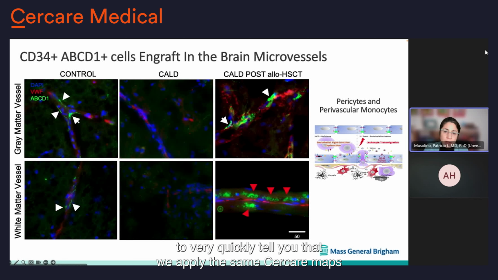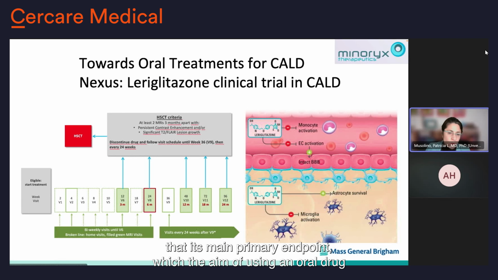I'm going to very quickly tell you that we applied the same Cercare maps in perfusion to another clinical trial that just ended a week ago. The press release is about to go out today or tomorrow, that has met its primary endpoint, which aimed at using an oral drug to slow down the disease, the cerebral progression. And the drug is capable of, similar to gene therapy and bone marrow transplant, slowing down lesions.